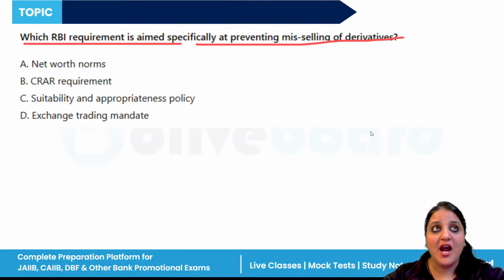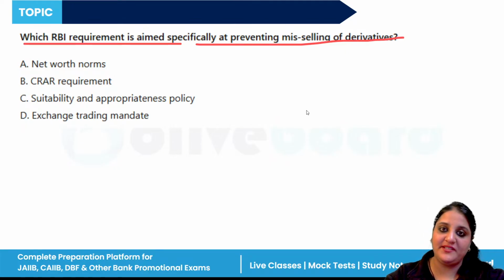They have to understand the client risk, and mis-selling is avoided. So RBI mandates that derivative products can be offered only to corporates having a board approved risk management policy to avoid misuse.